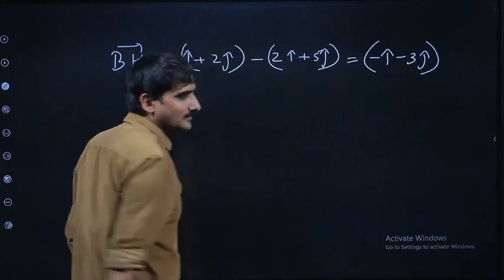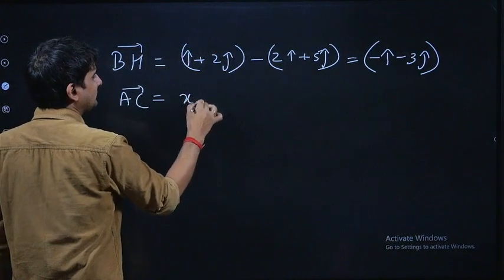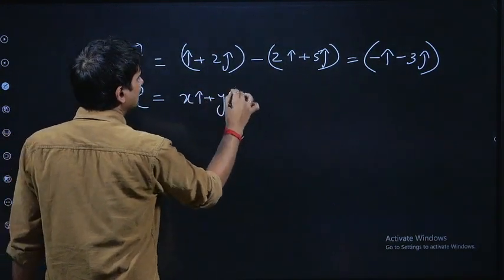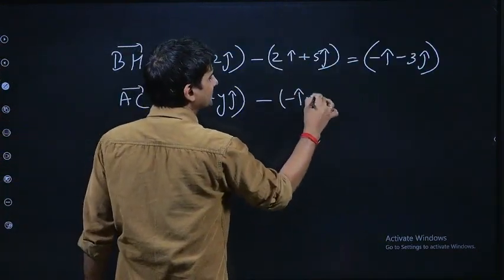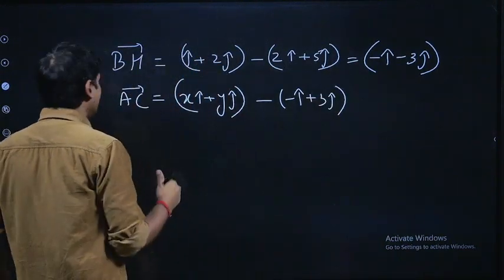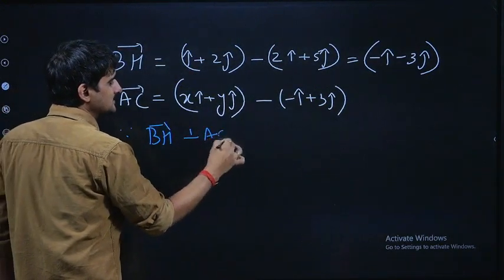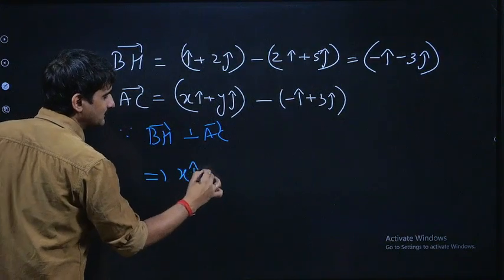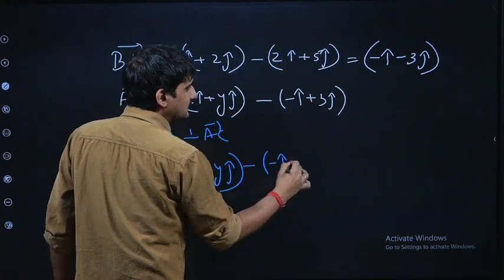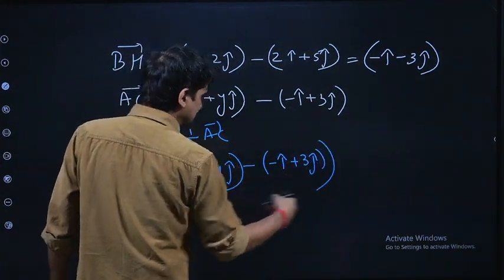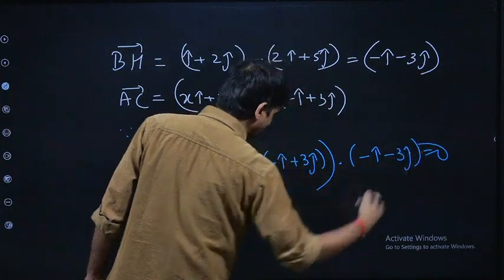Now AC vector is the position vector of C, which is xi cap plus yj cap, minus the position vector of A, which is minus i cap plus 3j cap. Since BH is perpendicular to AC, their dot product with minus i cap minus 3j cap is 0. So let's simplify.